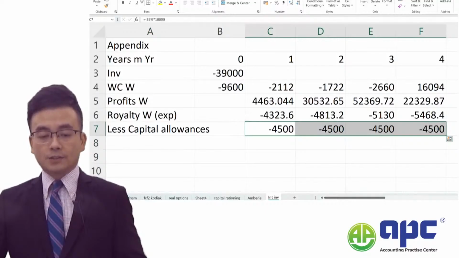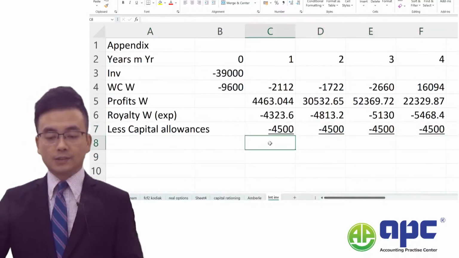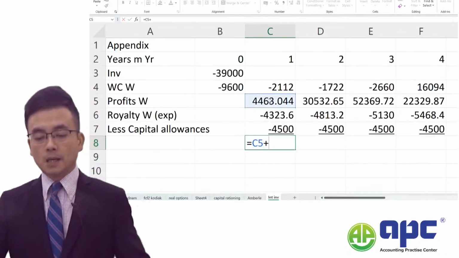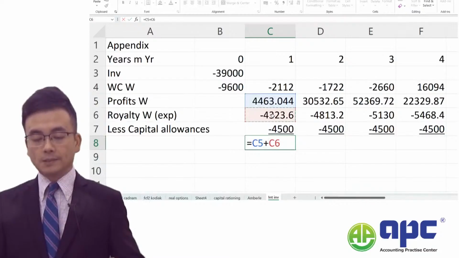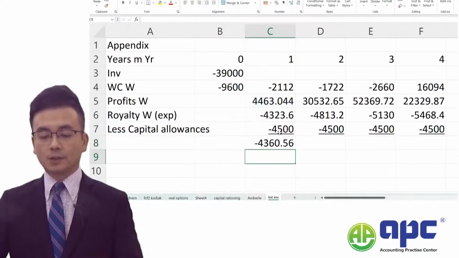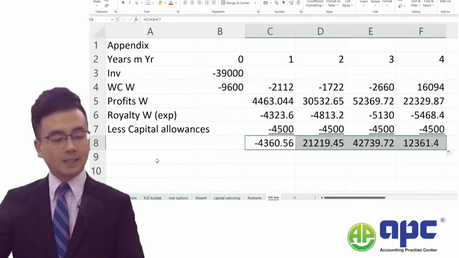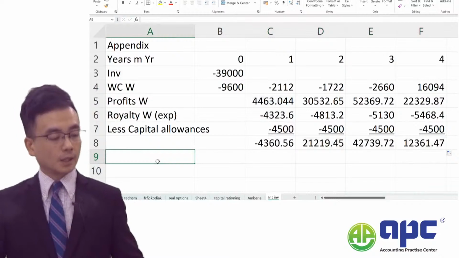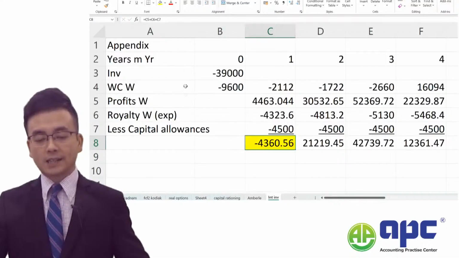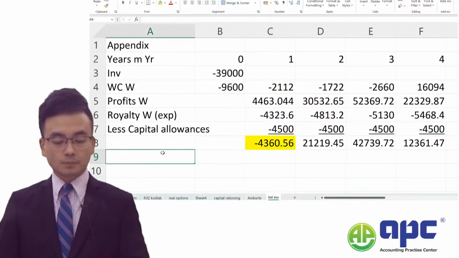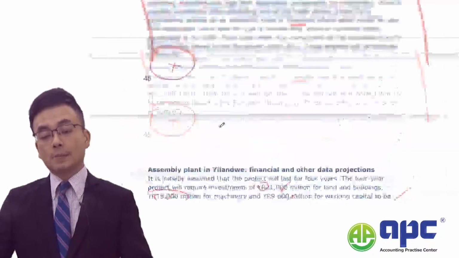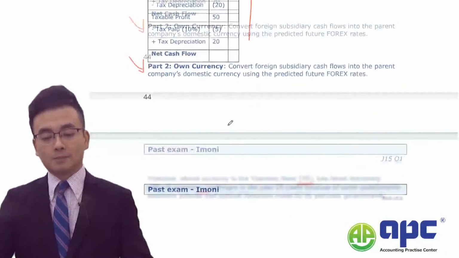So what we will do is revise the profit, so underline this. That would be the profit minus the royalty expense and minus, which means plus, the negative capital allowances. We would pay tax based on this profit. But don't forget that we've made a tax loss, which we can enjoy. If you can't remember that, just skip it, no big deal.